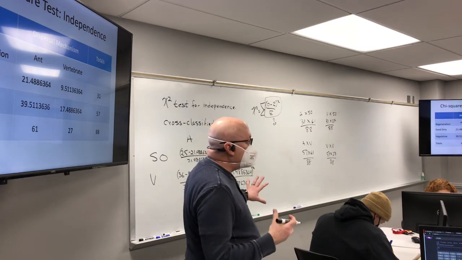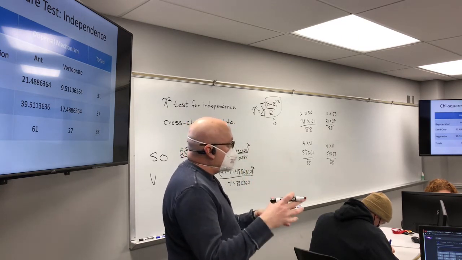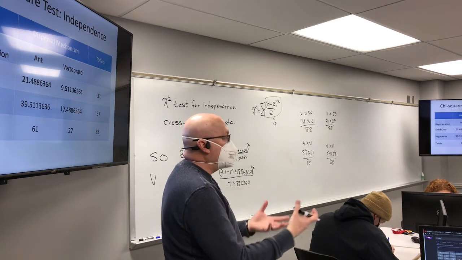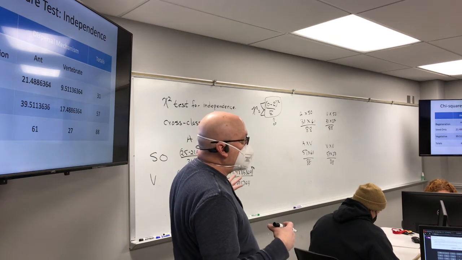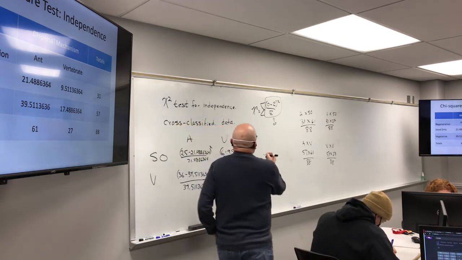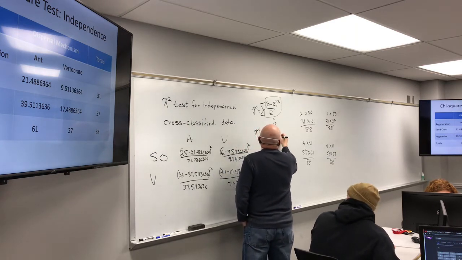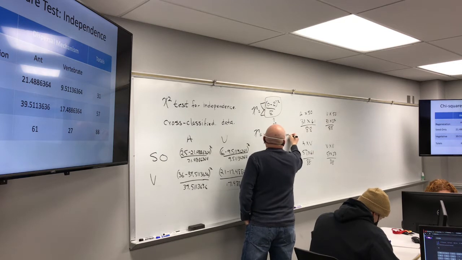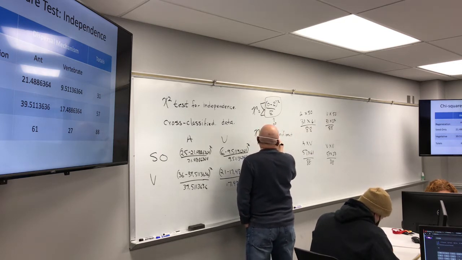So even before you do the calculations, you should already be predicting whether you expect this chi-square to be significant or not, based on the differences between the observed and the expected. A good guess would be that we expect the chi-square to be not significant, which would mean that these are independent of one another.